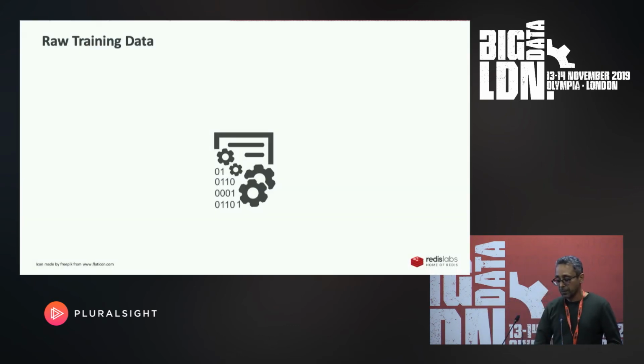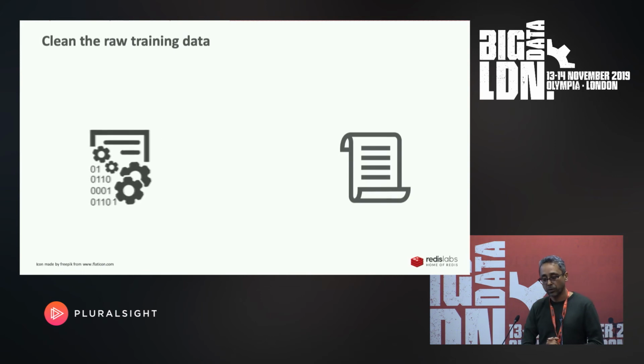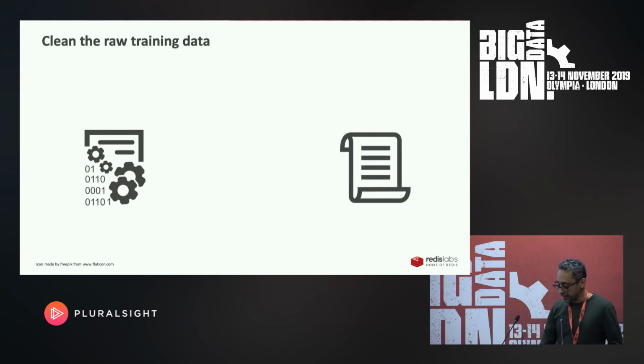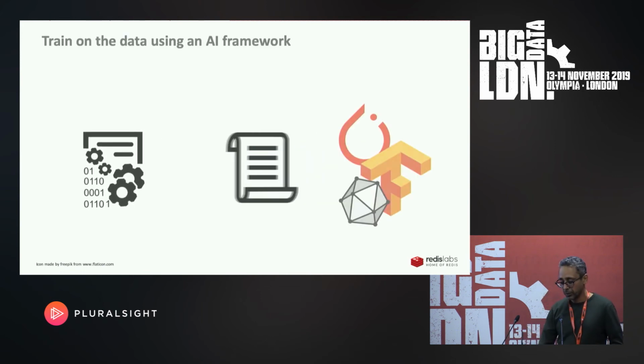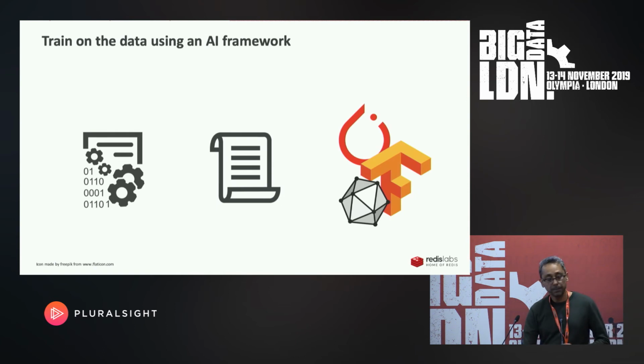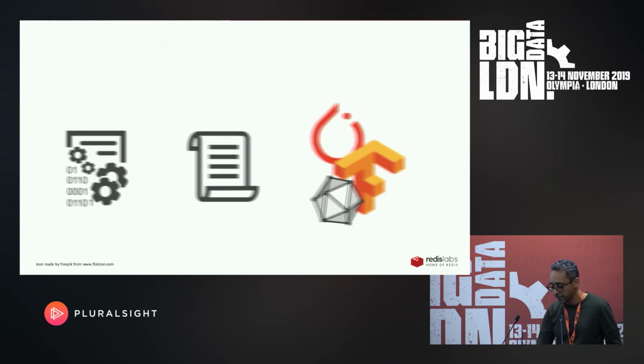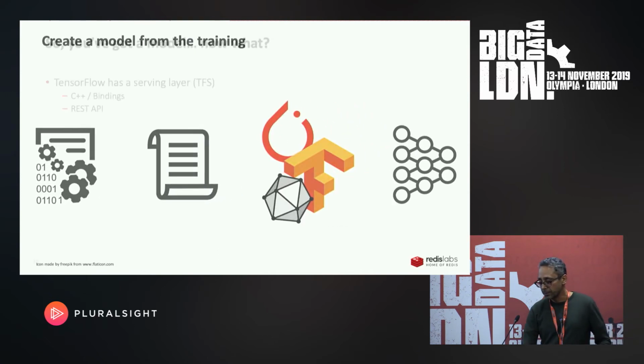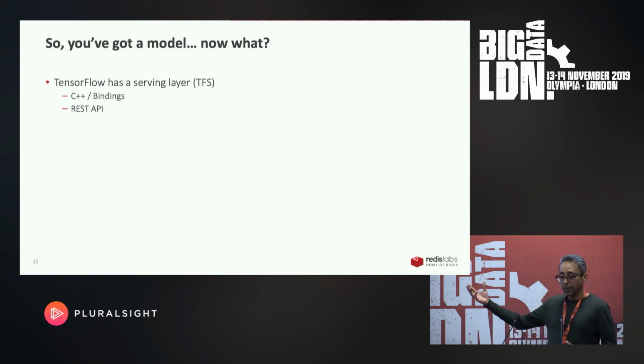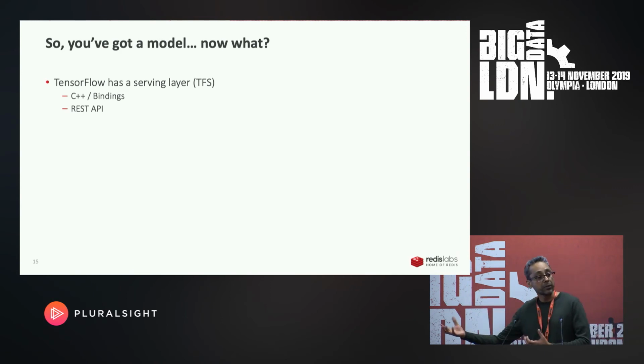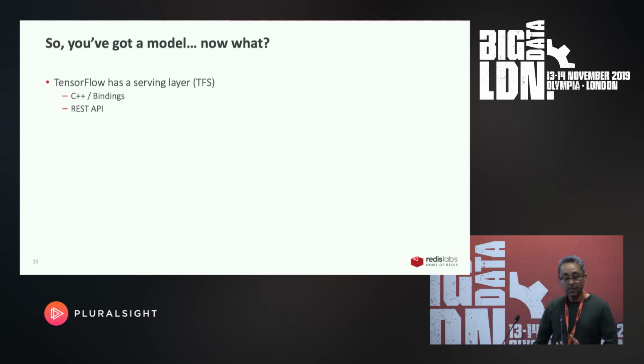So normally, how do you develop your model? You get some data, you clean it, you train it, and then you get your trained model out. Now, how do you plan to execute the model?